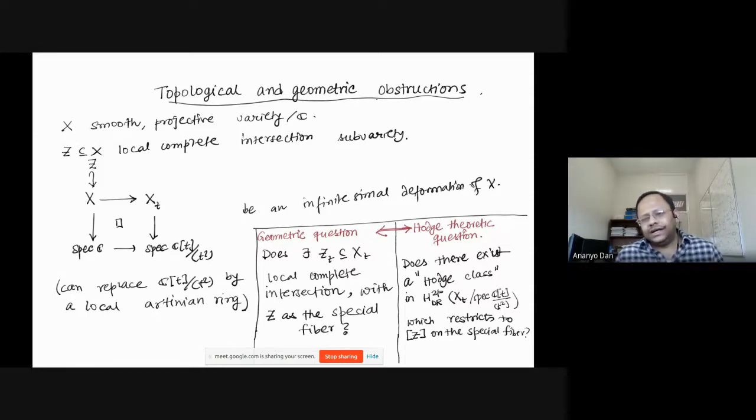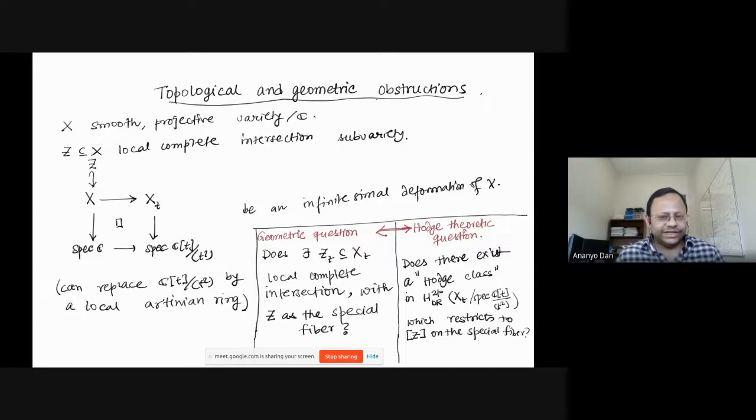And on the topological side, classically it lies in a sheaf cohomology, which is supported on X. So typically it will be supported on X. It's a sheaf cohomology on X. But we will replace this object. We will give a new formulation of this topological obstruction, where we will replace this.